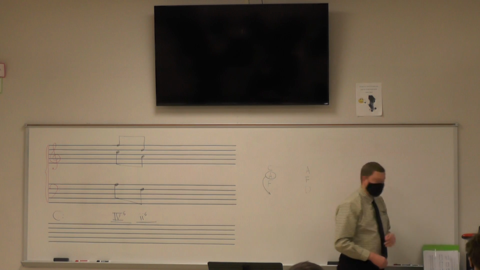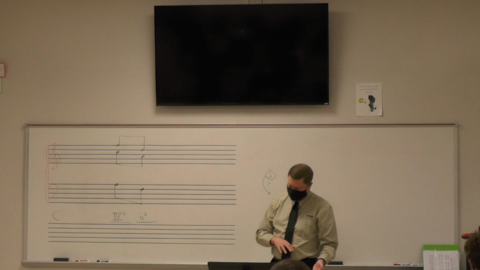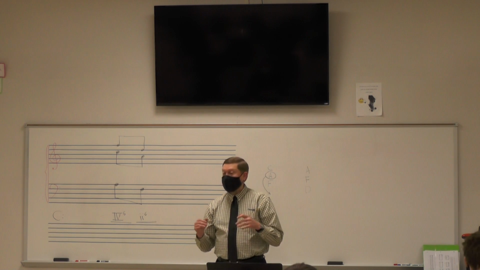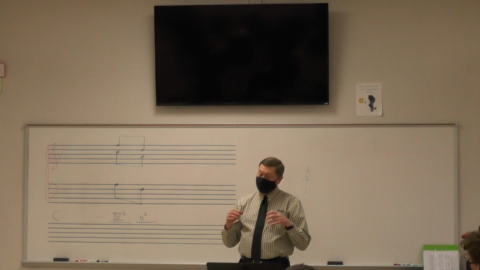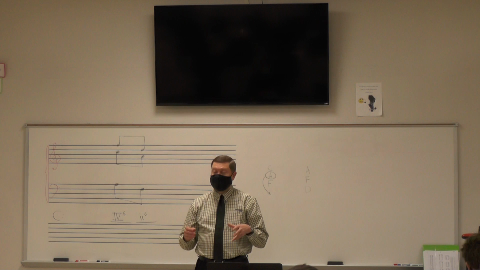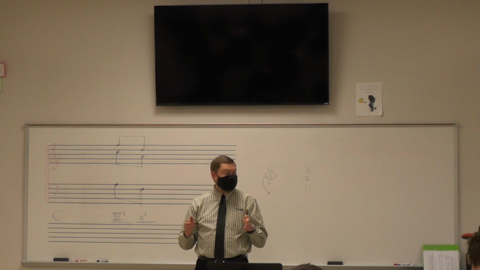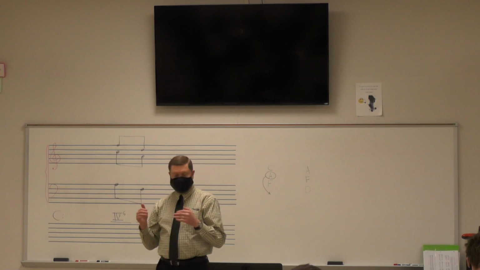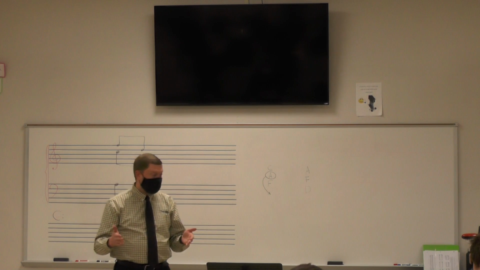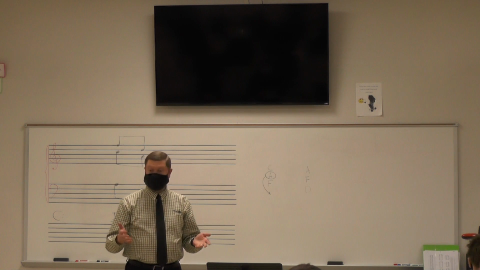All right, so for those of you that were here a little bit before class, I did mention to you that we have now finished learning how to part write all types of root position triads. Root position triads where the roots are in any kind of intervallic relationship. Either they're a perfect fourth or perfect fifth apart, third or sixth apart, or second or seventh apart.